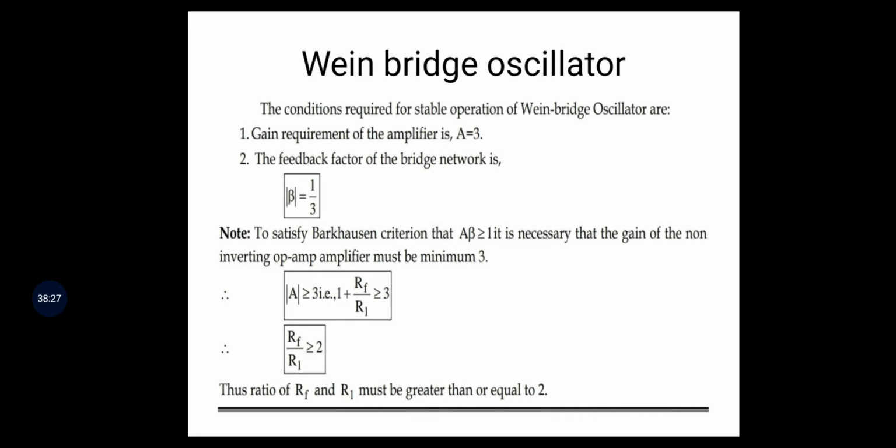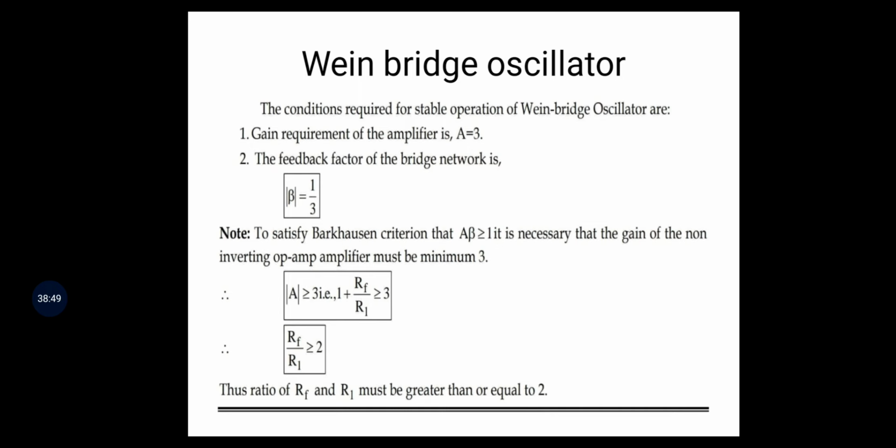To satisfy the Barkhausen criterion that A beta greater than or equal to 1, it is necessary that the gain of the non-inverting op-amp amplifier must be minimum 3. Mod A greater than or equal to 3.